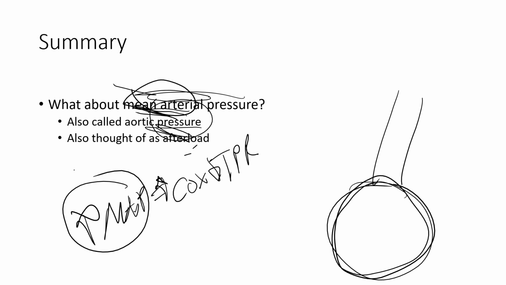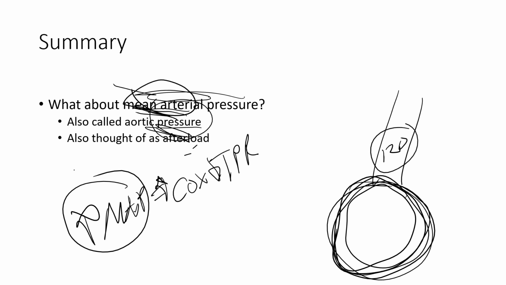And what that does is it takes a big load off of the left ventricle. Again, maybe mean arterial pressure only rises to 120 or something, or 130. So the left ventricle, right, only has an afterload or an aortic pressure of 120 that it has to overcome.